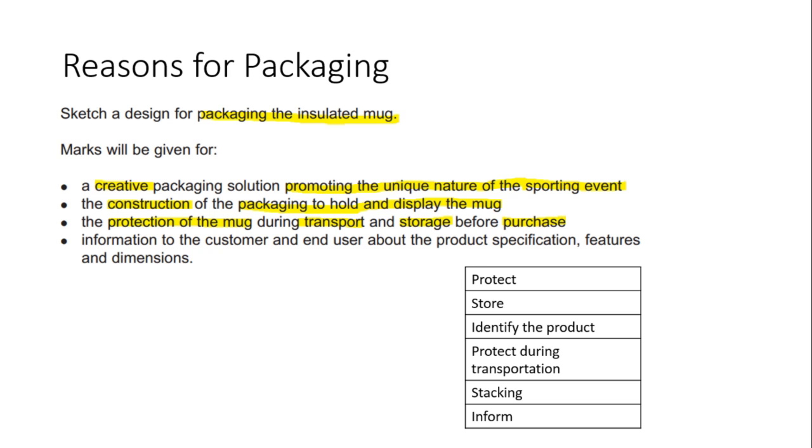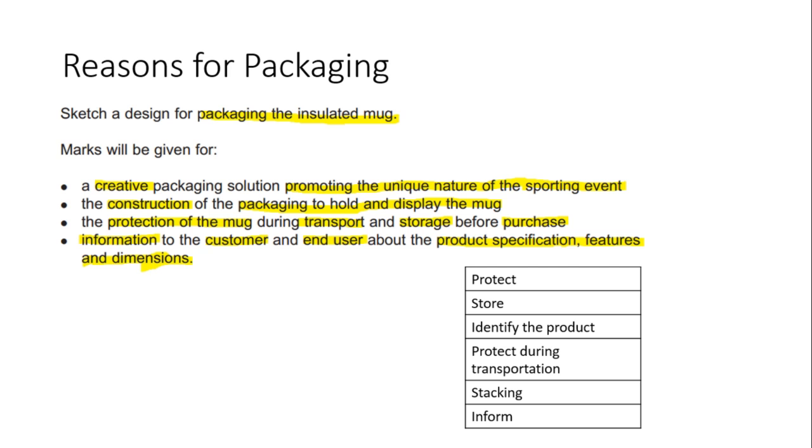So purchase means to buy, okay, and then the information for the customer needs to be shown. The customer and the end user: the customer is the person who buys it, and the end user is someone who might be totally different. Okay, and the product specification, features and dimensions need to also be shown on the packaging.